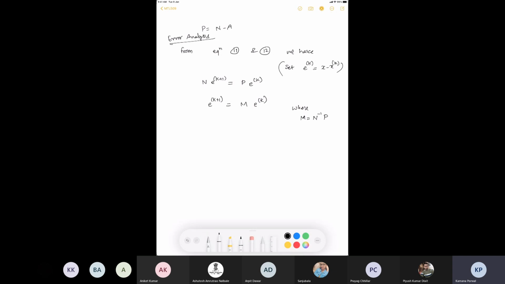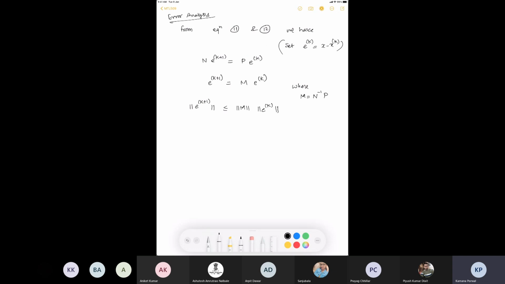So from here I can obtain that the norm of the error in the k plus 1th iterate is less than or equal to norm of M times the norm of the error in the kth iterate.